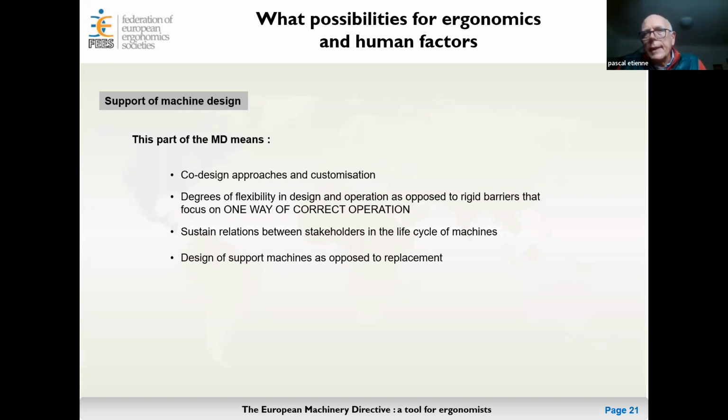Another issue is that the member states representative and in each member state have to provide market surveillance. That means the control of the conformity of products and the compliance with the Machinery Directive, not only the formal compliance, the fact that there is a CE mark, but the real compliance with the essential safety requirements of the directive, like we can evaluate it as ergonomics.